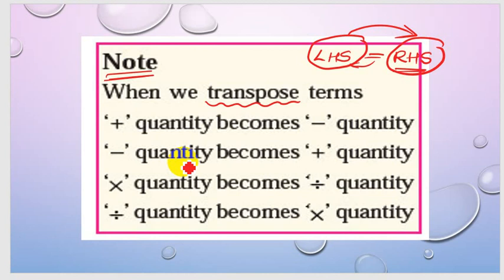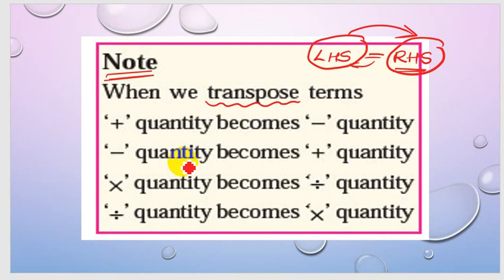If you are having a plus quantity on the left hand side, when it is transposed it becomes a negative quantity. In the same way, a negative quantity becomes a positive quantity, into becomes divided by, and divided by becomes into. So these 4 transpositions you need to remember, which will be helpful in solving any equation, right?